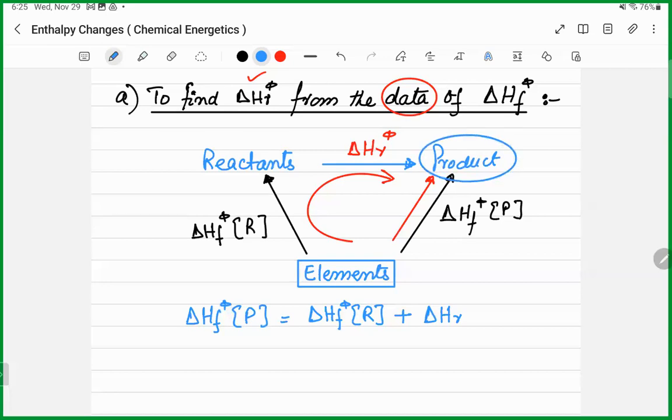Direct route is when the elements directly join together and give you that product. Indirect route क्या है कि element पहले reactant में जा रहा है और reactant फिर product में convert हो. ठीक है ना? That's the indirect route.